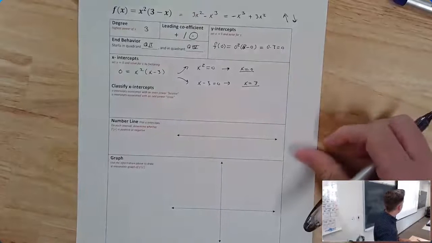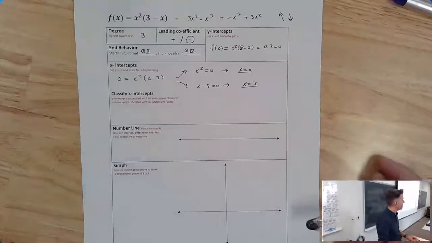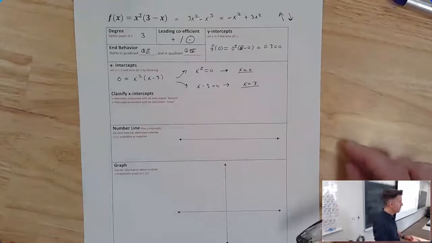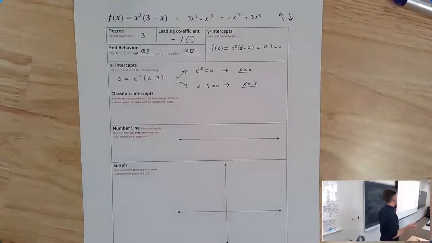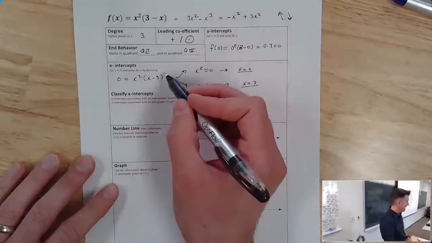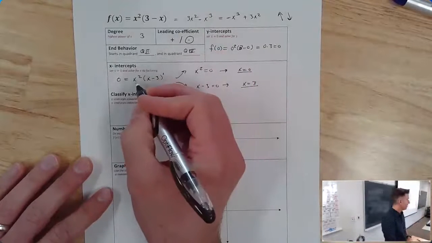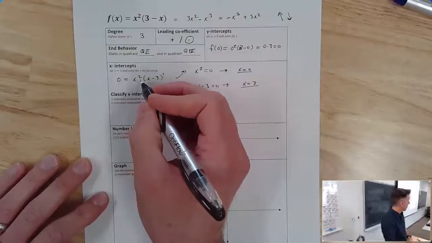And then we're going to talk about something which we haven't talked about before, which is the multiplicity of each intercept. The multiplicity of each intercept actually kind of refers to the degree of each factor that each intercept came from. So this x minus 3 factor, what's the power on that factor that I haven't written? Right. And this x factor, the power on that factor is the second power.